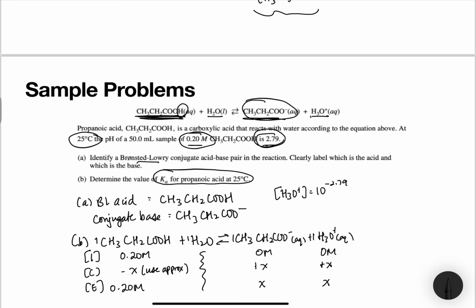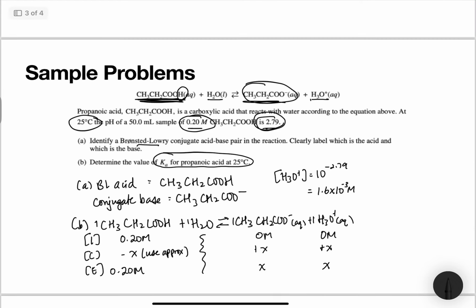That gives me a hydronium concentration of 1.6 times 10 to the power of minus 3 M. What I can do is plug that value here, and that becomes my X value as well. Because it's 0 plus X equals hydronium, that will therefore also become the value of my conjugate base as well.